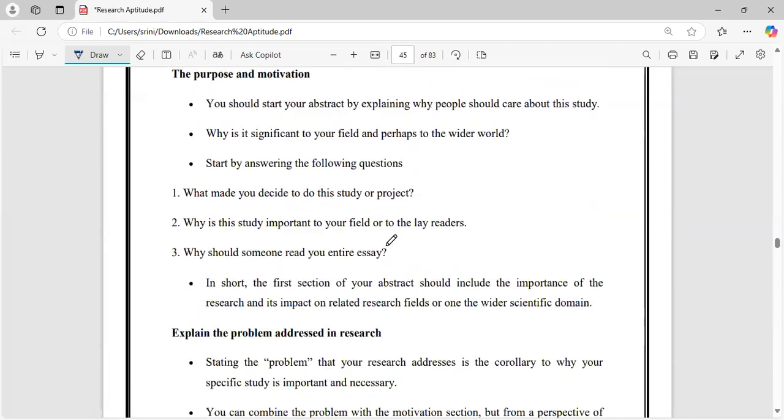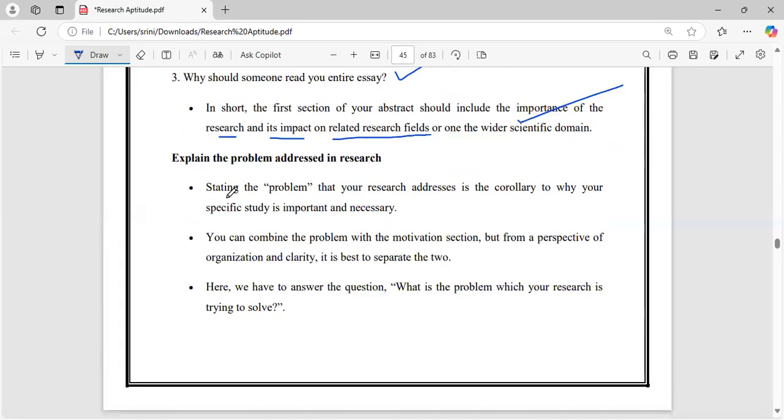Here in questions, we can ask what made you decide to do this study or project, why is this study important to your field, and why should someone read your entire essay. In short, the first section of your abstract should include the importance of the research and its impact on the related research field and the wider specific domain, and state the problem that our research addresses.